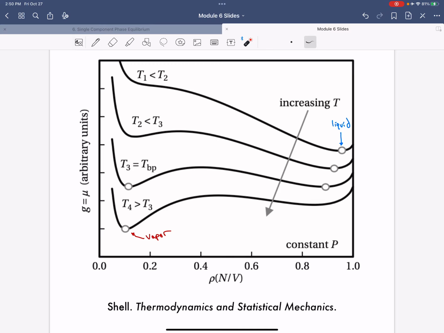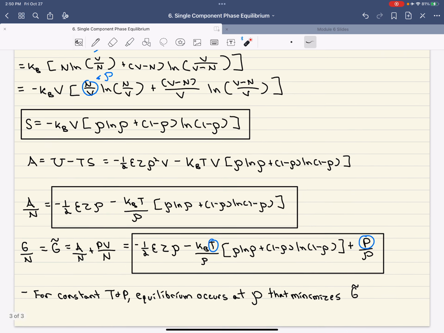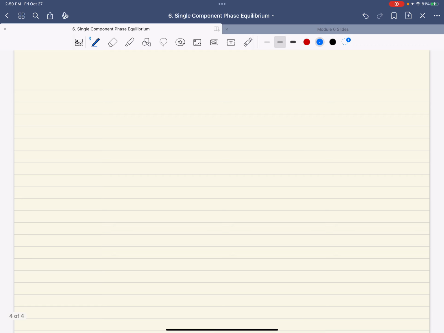Okay? And so here we're varying our density parameter. And so in the context of thermodynamics and physics, we would say that our density serves as an order parameter. Right?